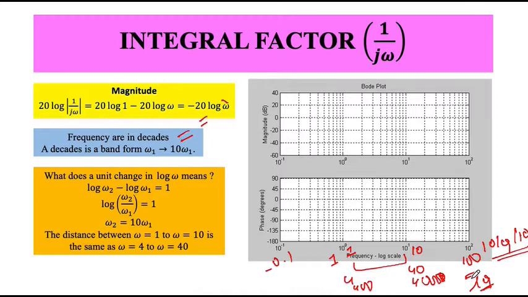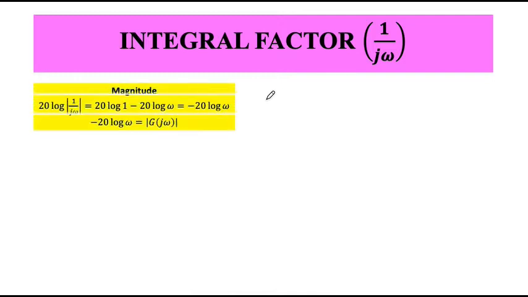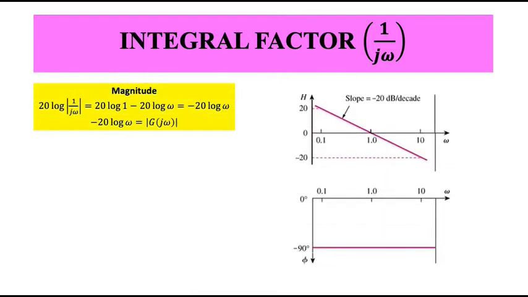Once we do this, everything translates to just writing down an equation for a straight line. Say this is my y-axis, the magnitude of G(j omega), and I am plotting the magnitude of G(j omega) in decibels versus the horizontal axis, that is log omega.